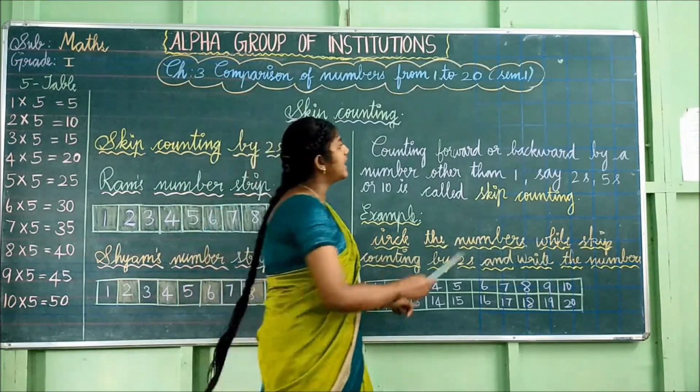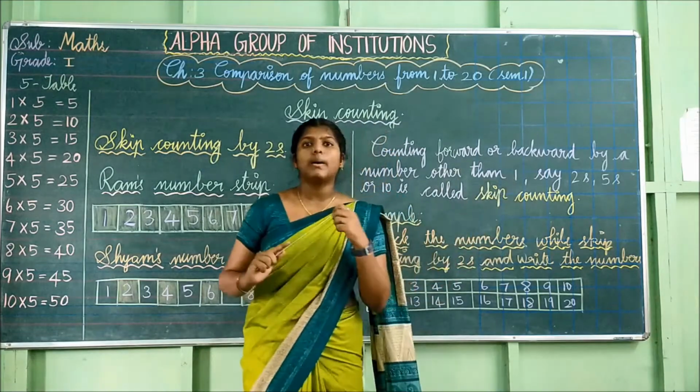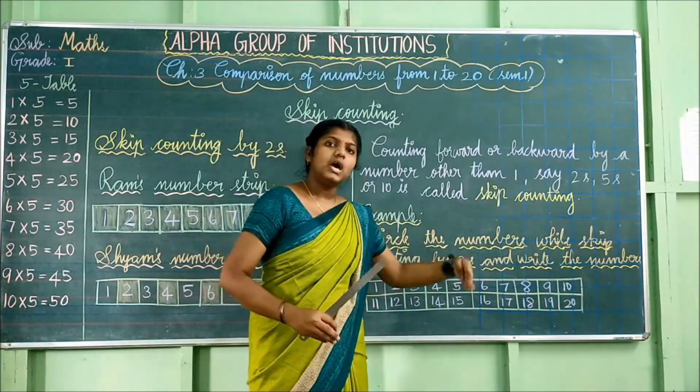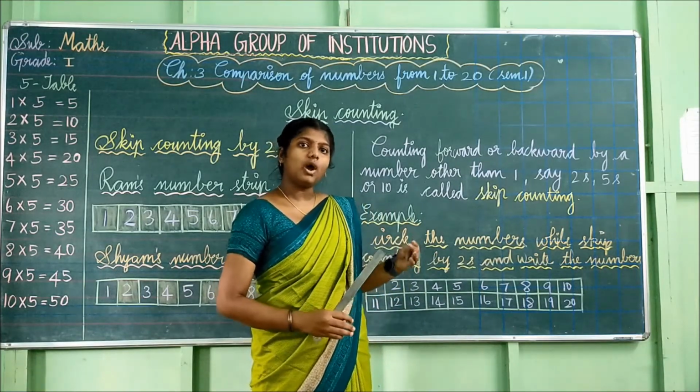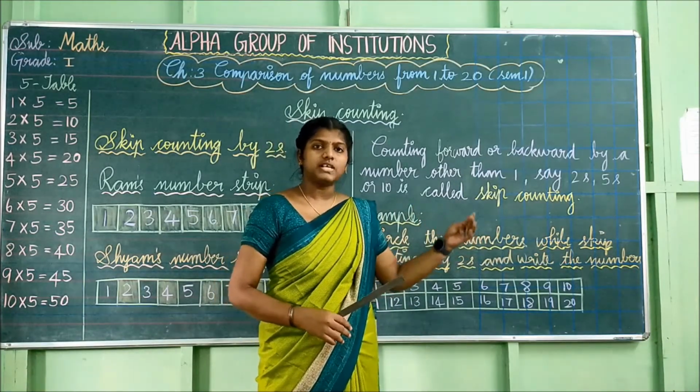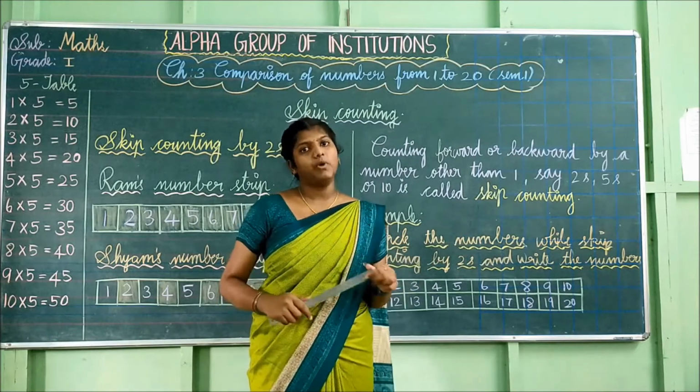Other than number 1, because it is arranged in order. But if we are counting 2s, 3s, 4s, etc., it is called skip counting.